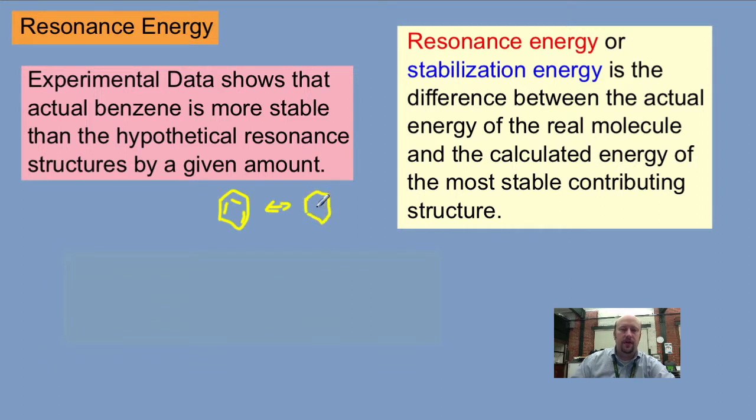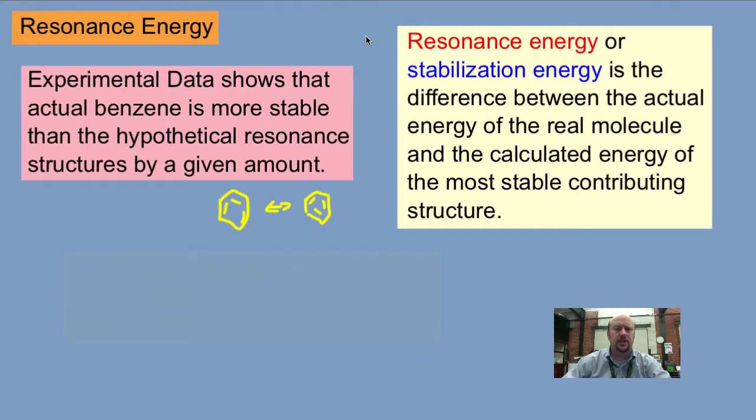Remember that really no one of these actually represents what this looks like, that it's some sort of a blend of these things in between, okay? So instead of it being double bonds alternating positions, it's really like there's 1.5 bonds shared around the entire ring. Those pi bonds are taking up the whole ring.